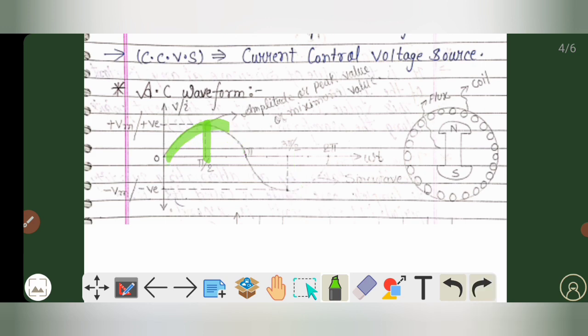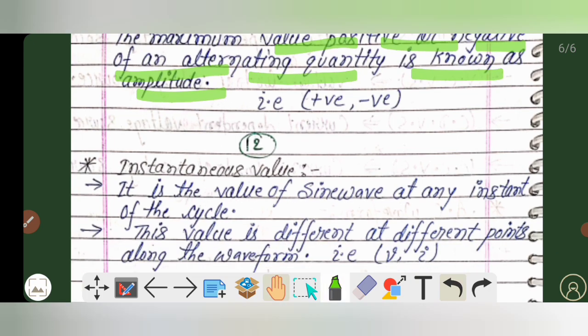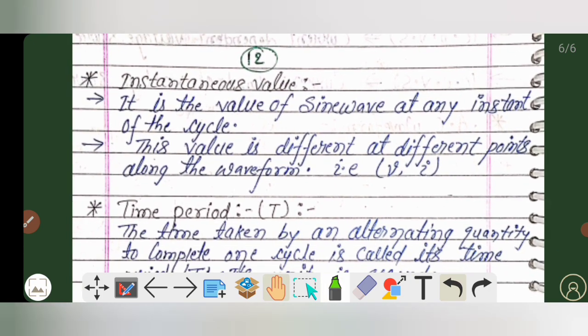Now the next one is instantaneous value. It is the value of the sine wave at any instant of the cycle. If you calculate the value of any quantity at any instant of time, then we can say it is an instantaneous value.